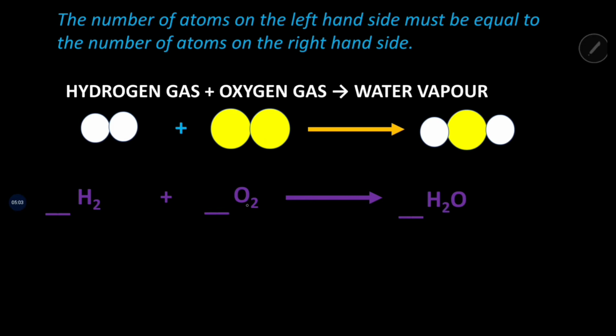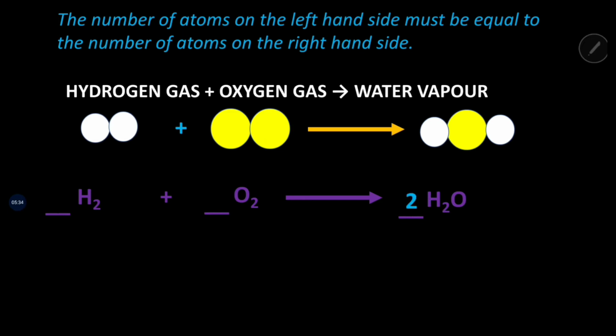Jump quickly to the oxygen. 2 oxygen atoms here. There's only 1 oxygen atom here. So what number can I put in this space to ensure that there are also 2 oxygen atoms on the right hand side? It's a 2. By placing a 2 on the right hand side, I've balanced the oxygen numbers. But that presents a new challenge now. Initially, there were 2 hydrogen atoms.